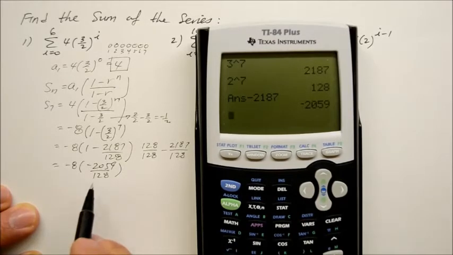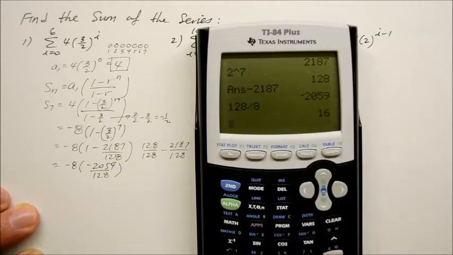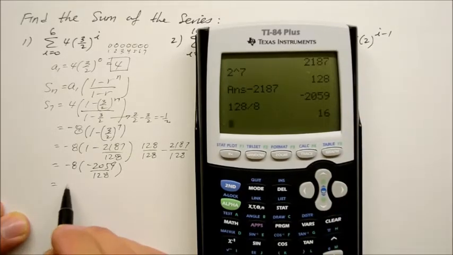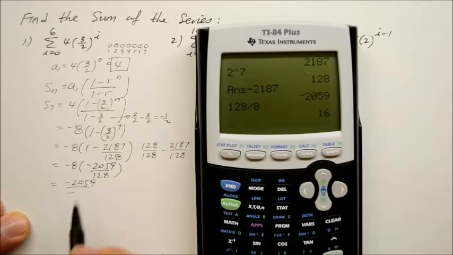And let's simplify. The coefficient negative 8, I hope it reduces with 128. So let's find out. 128, is it divisible by 8? Yes, it goes in 16 times exactly. So that's going to be negative 2059 over negative 16.